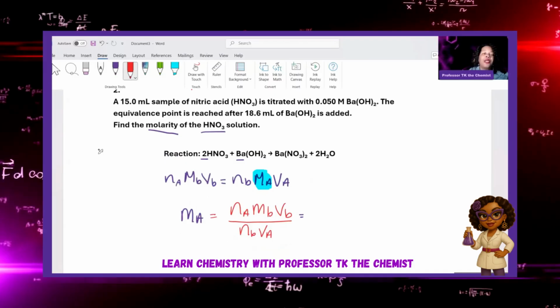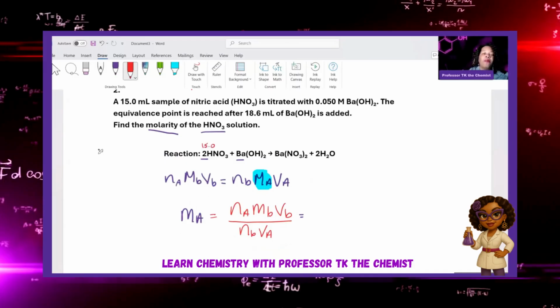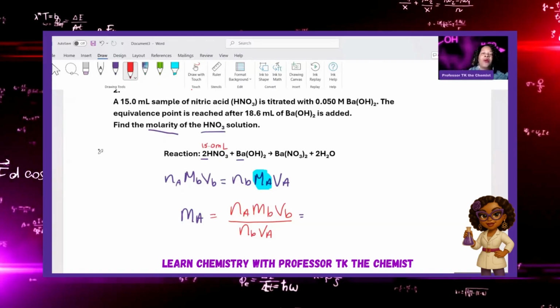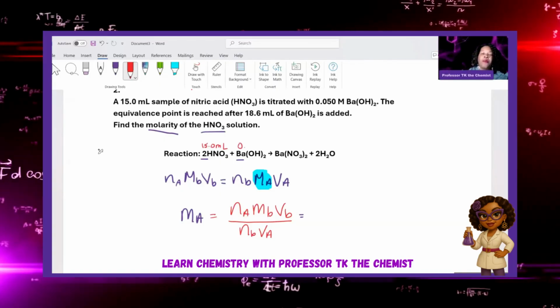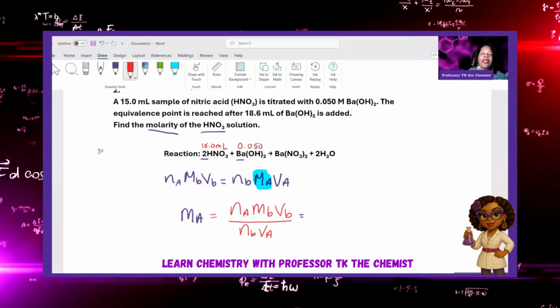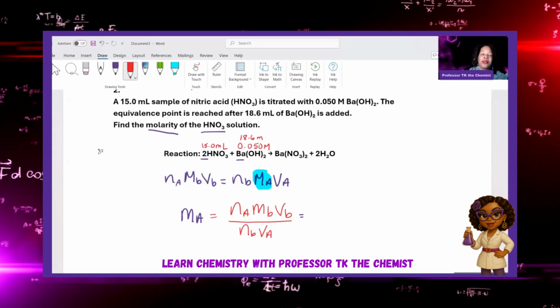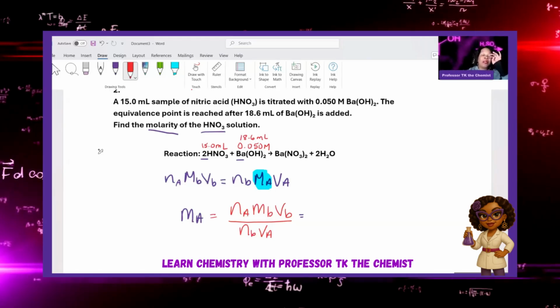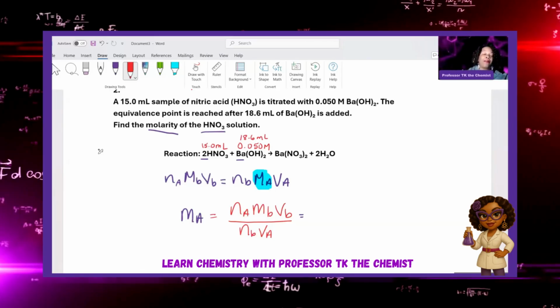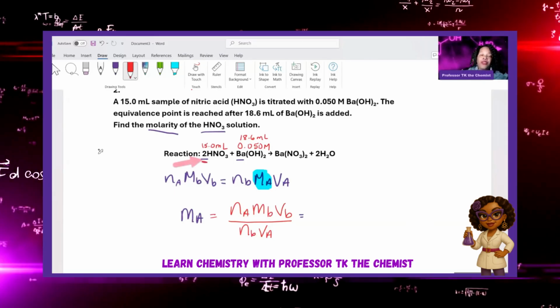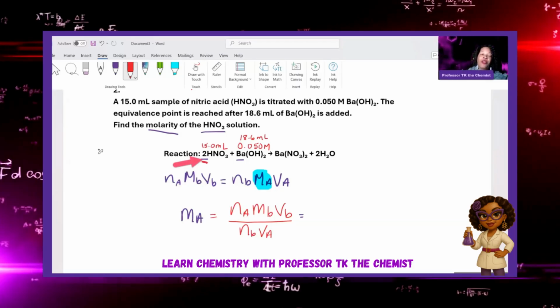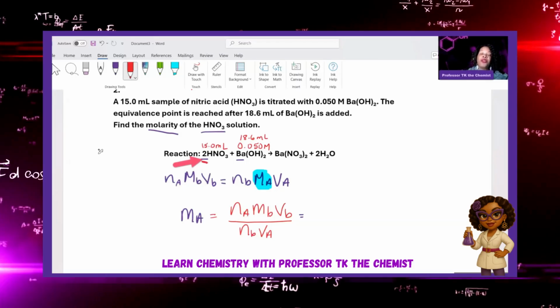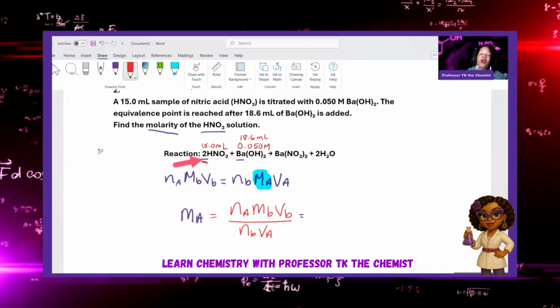So they gave us 15.0 milliliters of nitric acid. It was titrated with 0.050 molarity, and they also told us 18.6 milliliters of barium hydroxide. So I was given my molarity of my base and the volume of my base, and the moles of the acid is equal to 2. That coefficient 2 in front of HNO3 is the moles you're going to use for your acid.